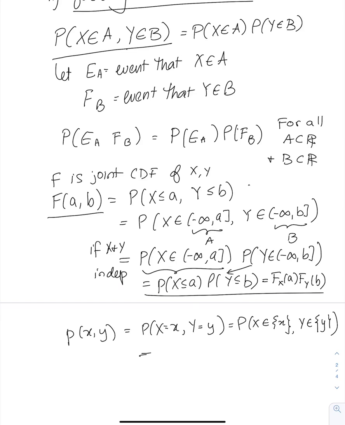And that's an intersection again, and if X and Y are independent, this will be the probability X is in that singleton times the probability Y is in that singleton, which exactly is the probability X equals that x and the probability Y equals that y.